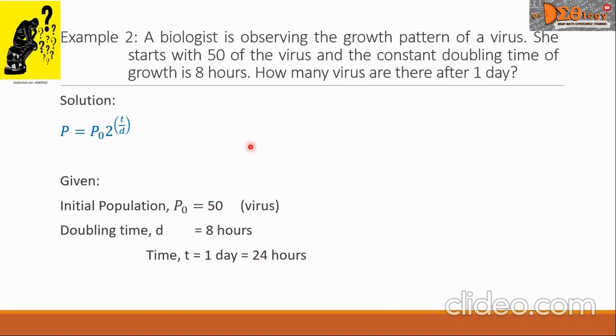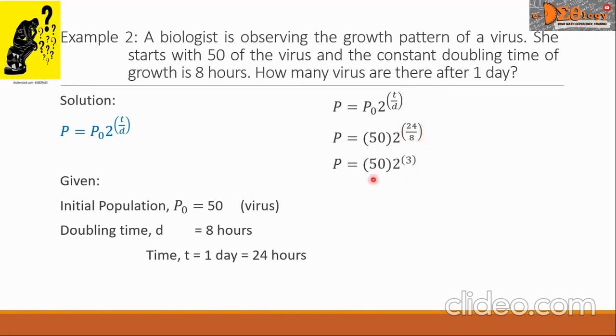Let us solve now the problem using our formula. So it is now written here again. And let us do the substitution respectively. The P sub 0 is now 50. The constant 2 is there. In the fractional exponent, our T is 24 over D, and the D is 8. Simplifying our fractional exponent, this 24 over 8 is equal to 3.